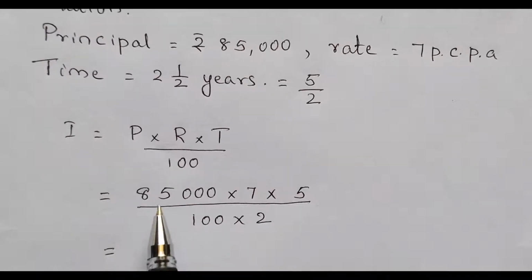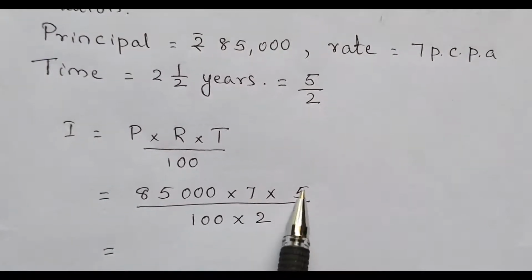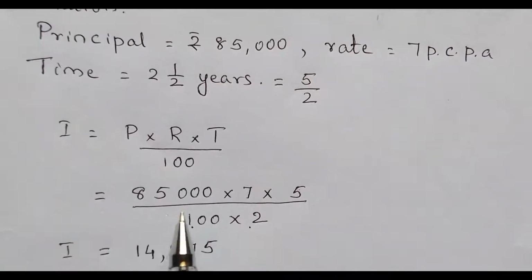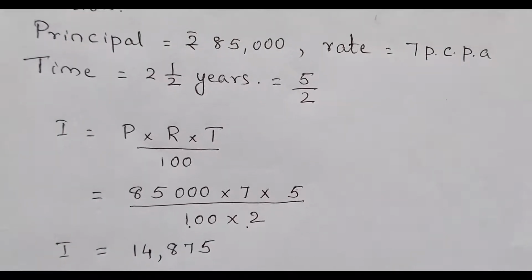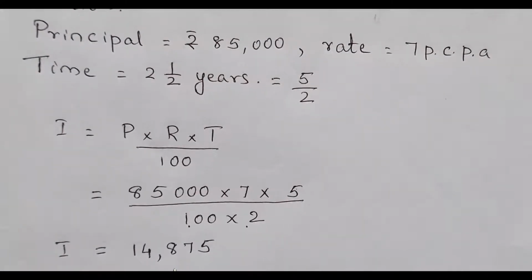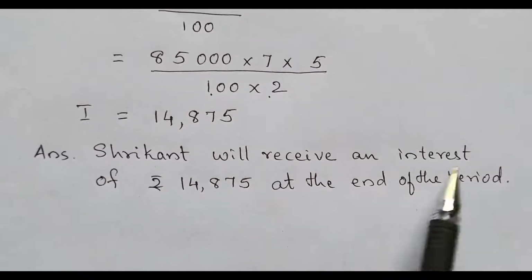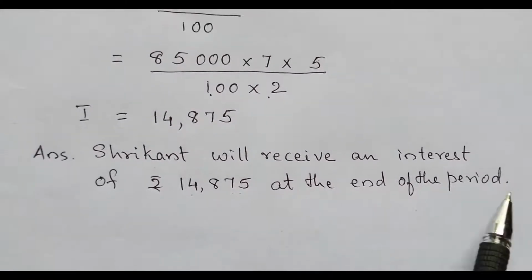Substituting the values, we have 85,000 multiplied by 7 multiplied by 5 by 2 upon 100. So on calculation we get interest is equal to 14,875. That is the total interest that Shrikant will receive at the end of 2.5 years. So the answer is Shrikant will receive an interest of rupees 14,875 at the end of the period.